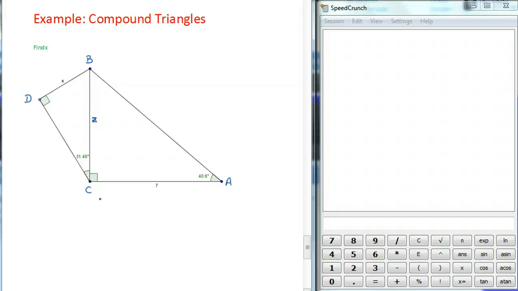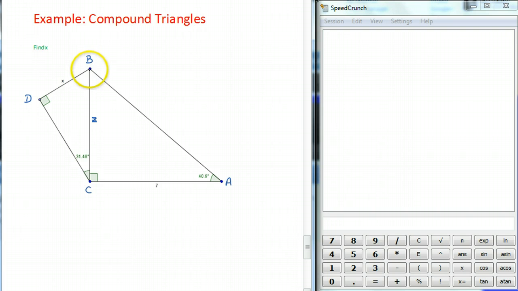So now, the starting point in this problem. In order to start working out other values in a triangle, I need to be given at minimum two pieces of information. So if I look at triangle BCD, and that's where x is located, all I have is this angle right there. So I need to find a second piece of information about this triangle.